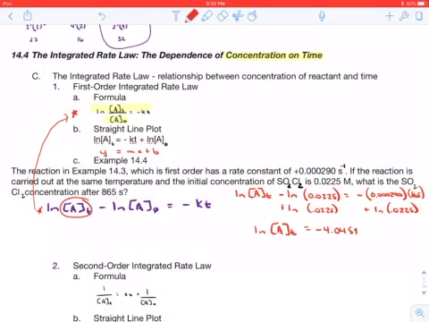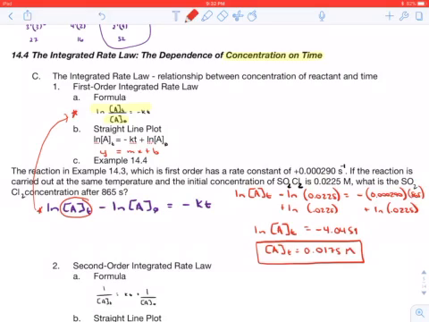On our calculator, the best thing to do is hit second and then the natural log button again, and use the answer we got before. Our new answer, the concentration of A sub t after 865 seconds, is 0.0175 molar, because that's how much the concentration went down in those 865 seconds.